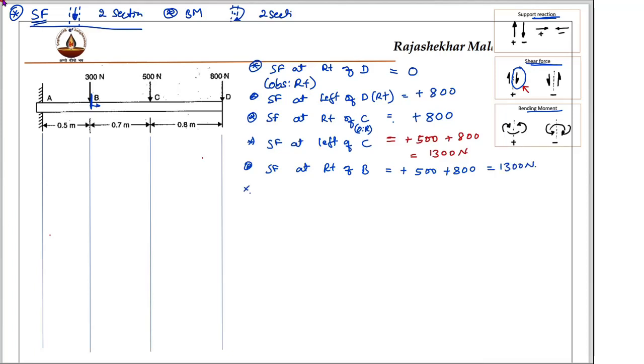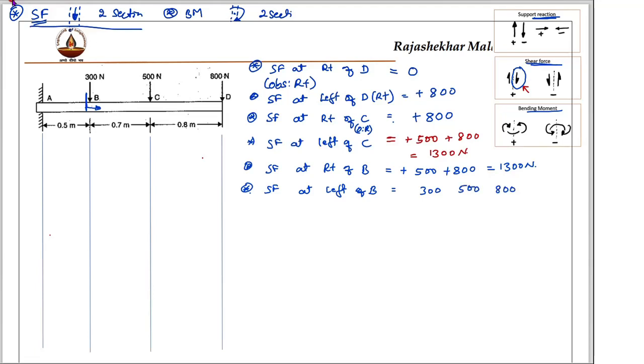Next, shear force at left of B. Left of B means this one, and on the right side observation, you are seeing three forces: 300 Newton, 500 Newton, and 800 Newton.